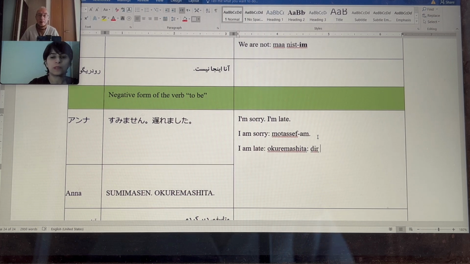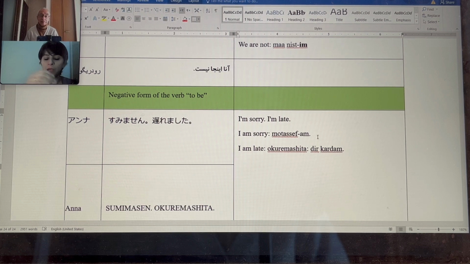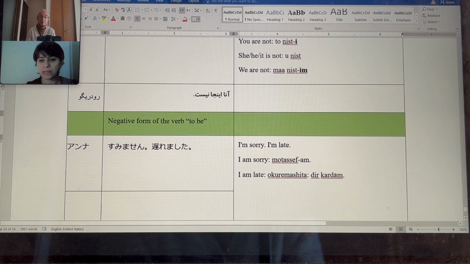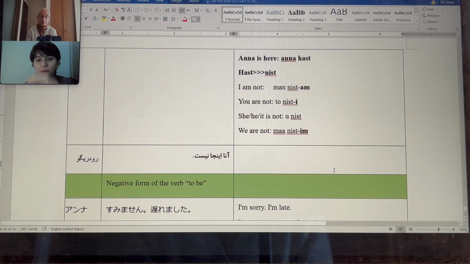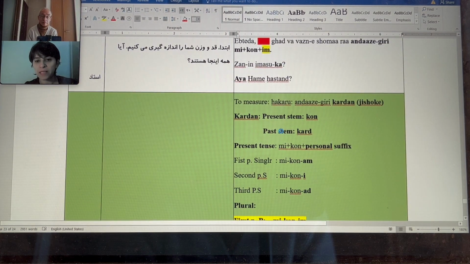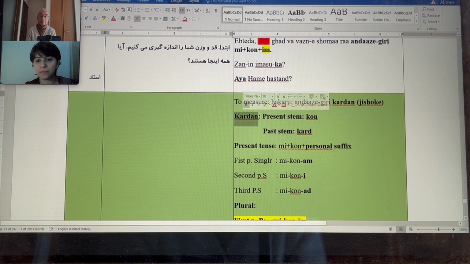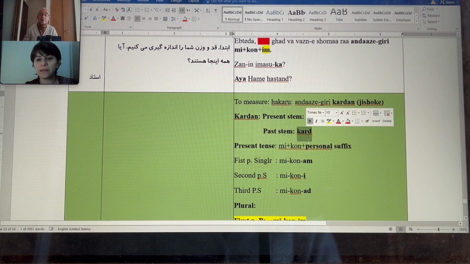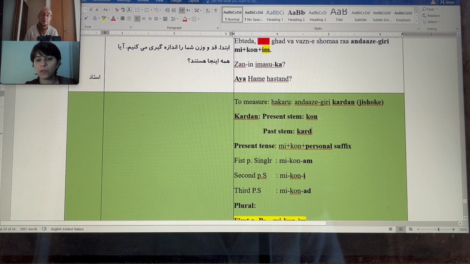As for this one, it's kind of past tense, right? I think it's a little bit too much to explain, but as you can see, this is kardam, kard. We had it before, and I explained. This is the past stem of the verb kardan. For the past tense, you need to use the past stem plus the personal suffix.